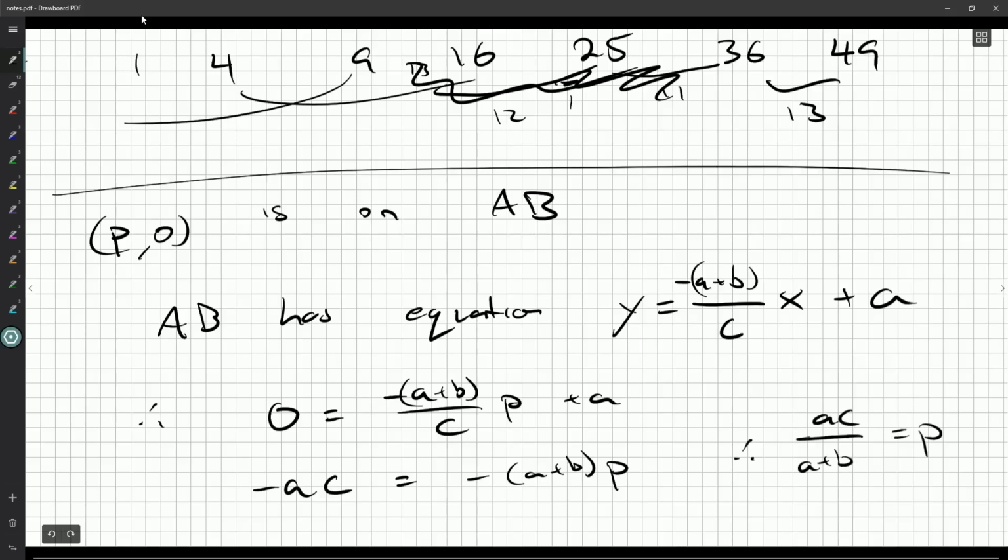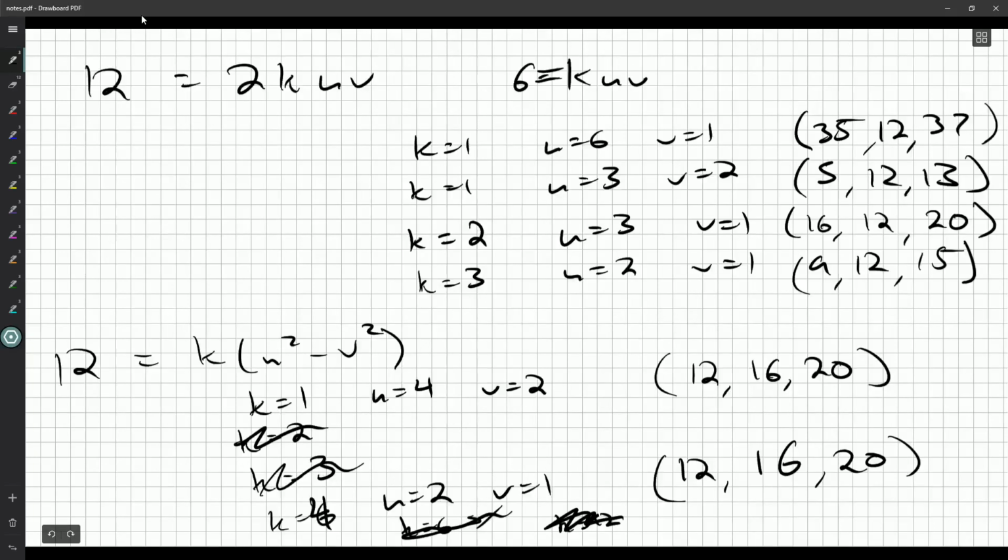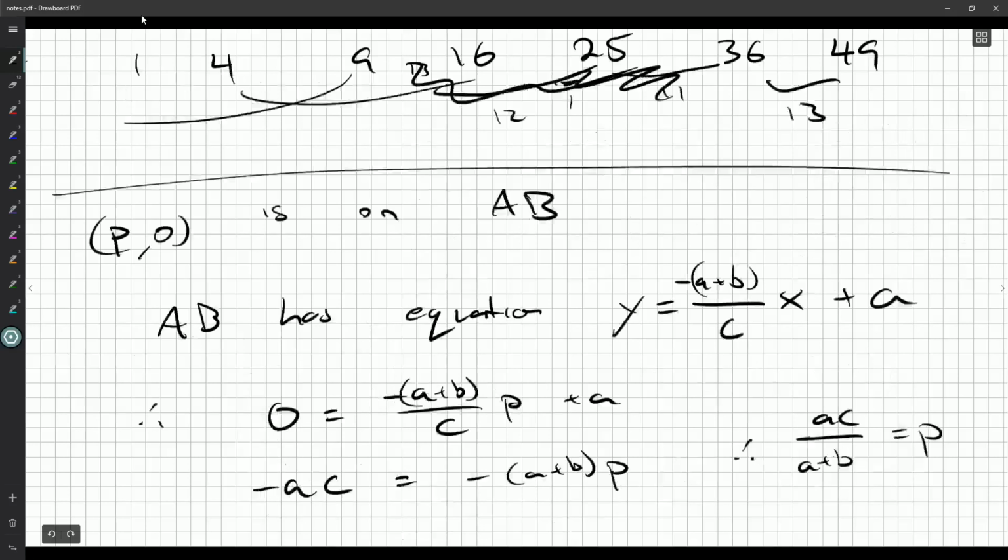So p needs to be an integer. So a plus b divides ac. Right? But I know the possible a plus b's. Okay?